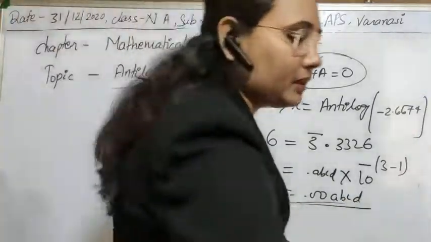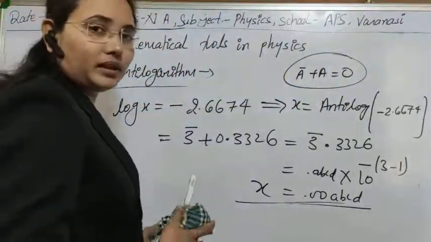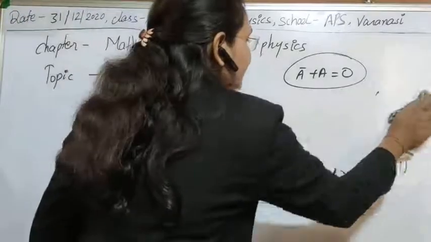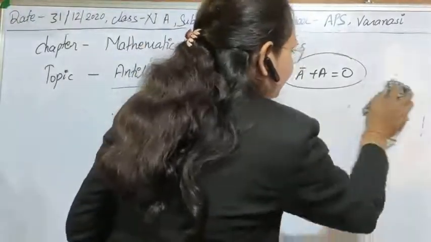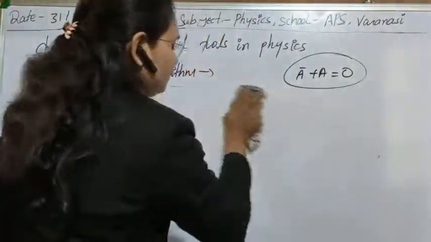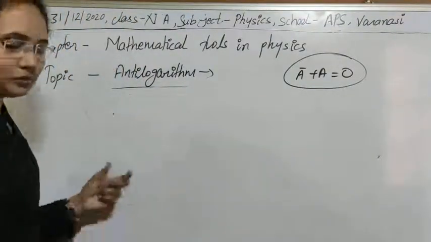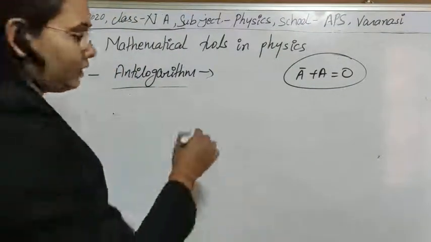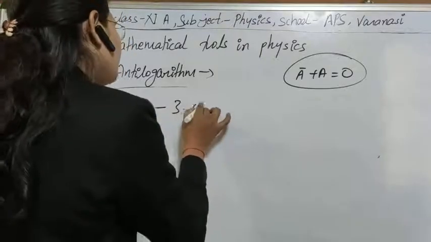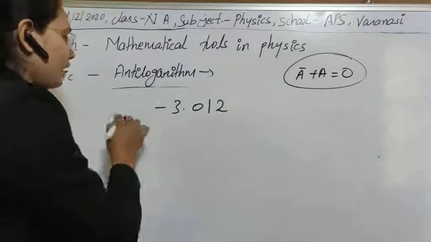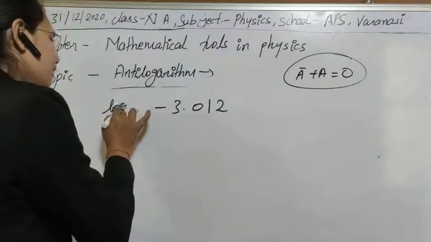One more example, let's see that, so that you can understand it completely. After that, I think there will not be any confusion. Suppose minus 3.012 is given, and this is the value of log x.